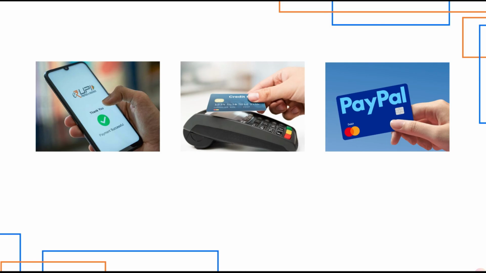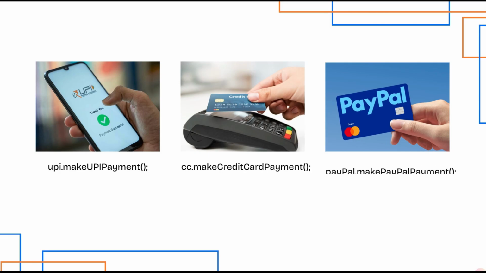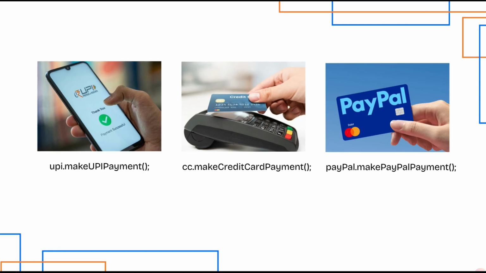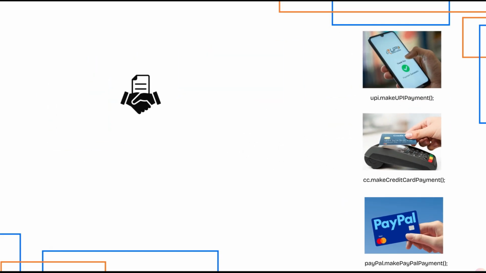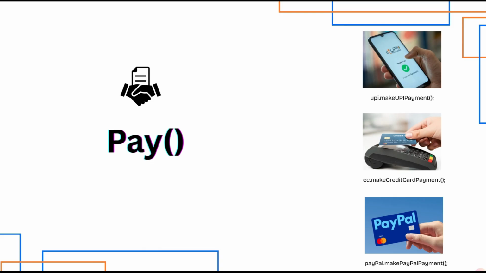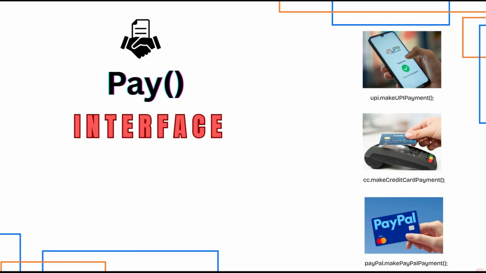Now, instead of directly calling UPI make payment or credit card payment, we define a simple abstraction, a common contract that says, hey, whatever you are, if you want to make a payment, just implement this method, pay. That's where an interface comes in. An interface in code is a perfect example of abstraction. It does not contain the logic, it just defines what should be done.